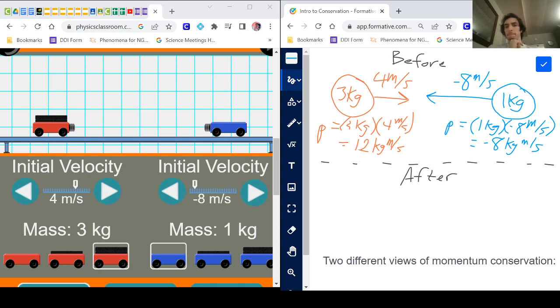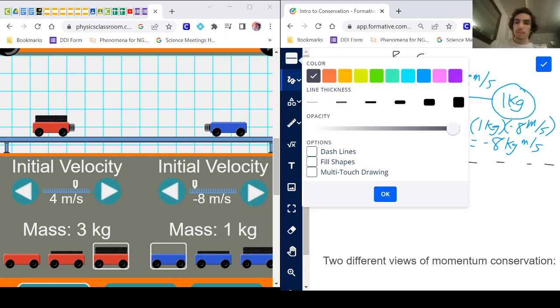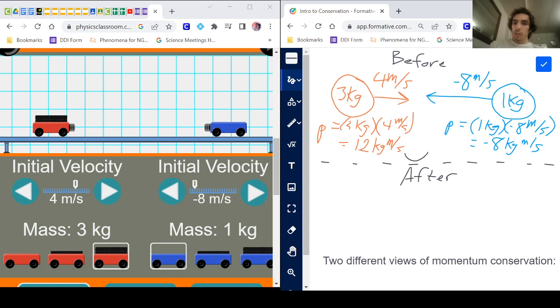Okay. And then this will be important later, but we can also solve for the total momentum in the system. So if we put these numbers together, our 12 kilogram meters per second from the red object plus the negative 8 kilogram meters per second of the blue object, that will get us a total momentum of, I believe, 4 kilogram meters per second.